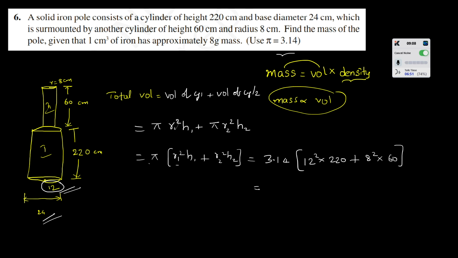So 3.14 into 12 square, which means 144, into 220, plus 8 square, 64, into 60. So that will become 3.14 into 144 into 220.